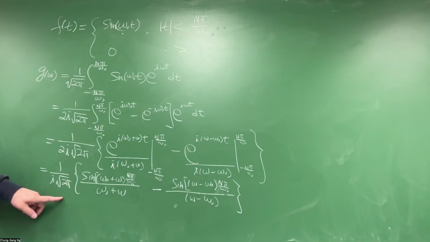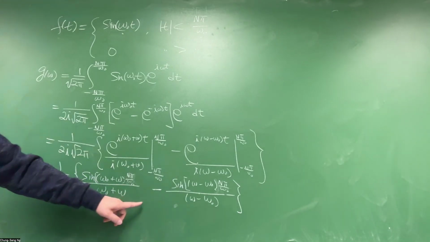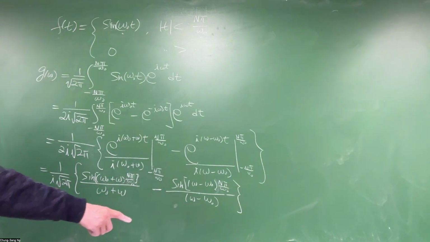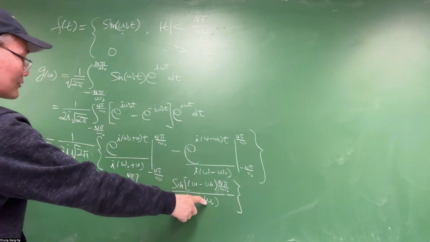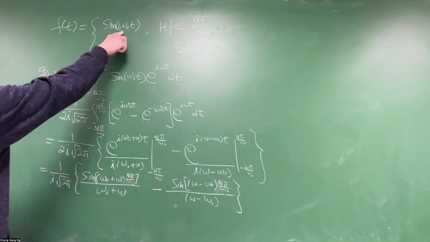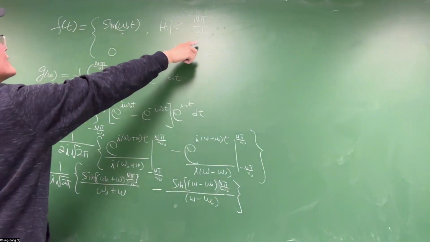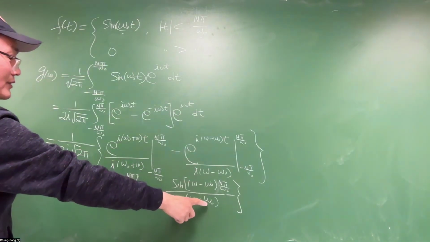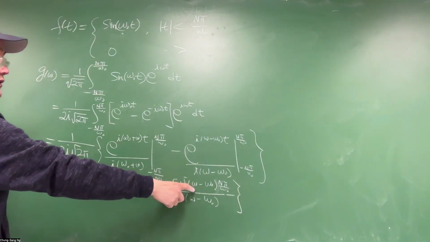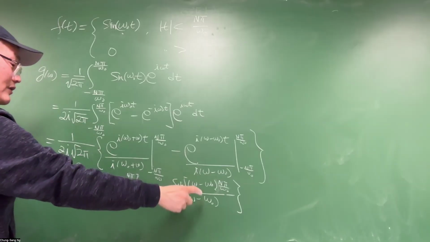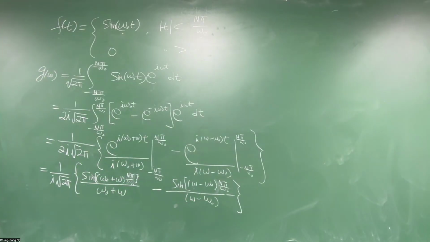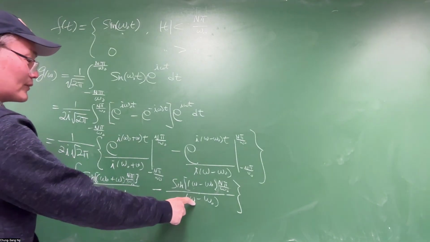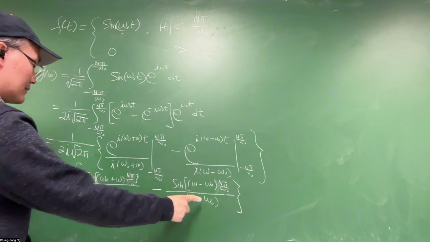The property of this final result is that the second term will hit zero, assuming omega sub 0 is positive, because we already defined that if negative, you don't have this formula. The denominator will hit 0 at omega equal to omega sub 0, right?